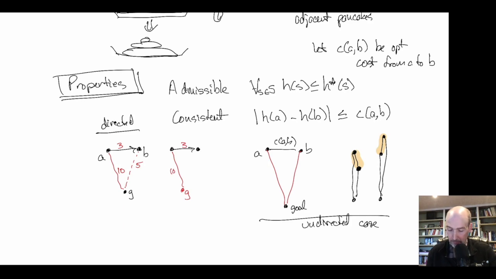Well, what is allowed to happen here is that I suddenly find myself 20 steps away from the goal. Okay, so this is interesting because this isn't allowed in the undirected case. But in the directed case, basically, I shouldn't take a step and find myself much closer to the goal than I thought I was, but I am allowed to take a step and find myself much farther from the goal than I thought.